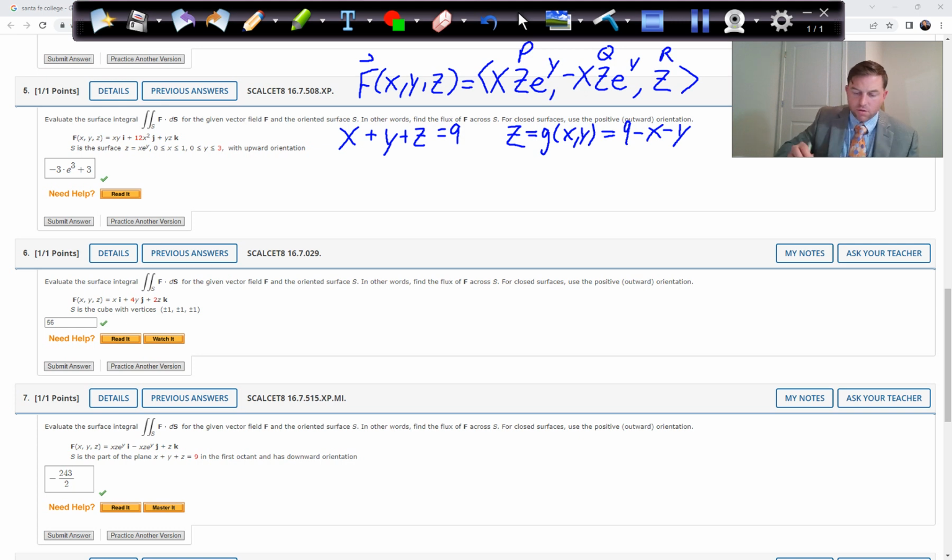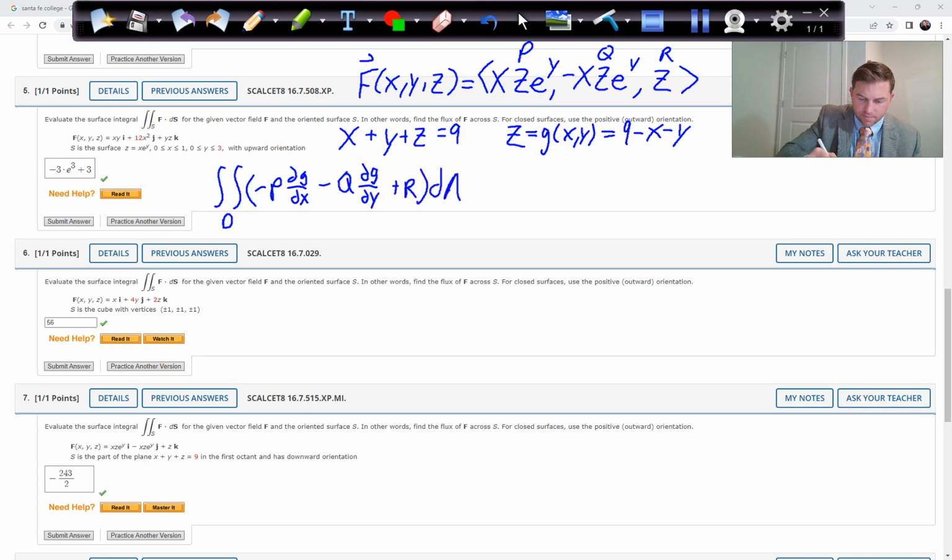And so we're going to get the double integral over D of, basically it turns out to be, negative p dg/dx minus q dg/dy plus r dA. So we get minus p, which would be minus xze^y, times dg/dx.